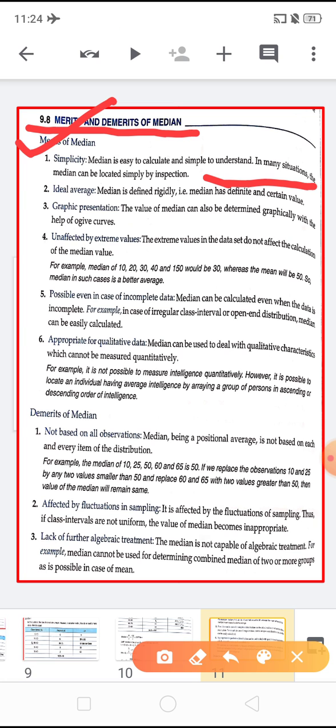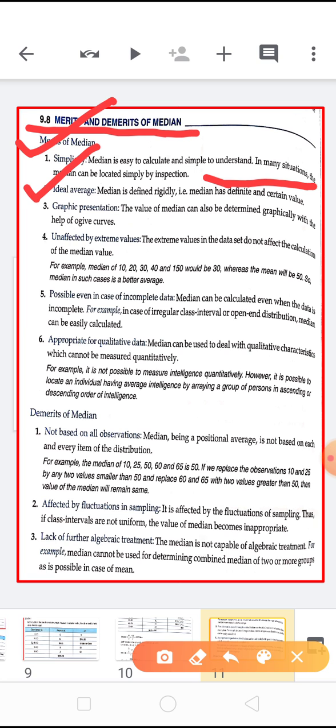As you all know, the median value always lies in the center of the values, where it divides the series in such a way that half of the items are just below that value and half of the items are just above that value. So we can also calculate it by simple inspection.